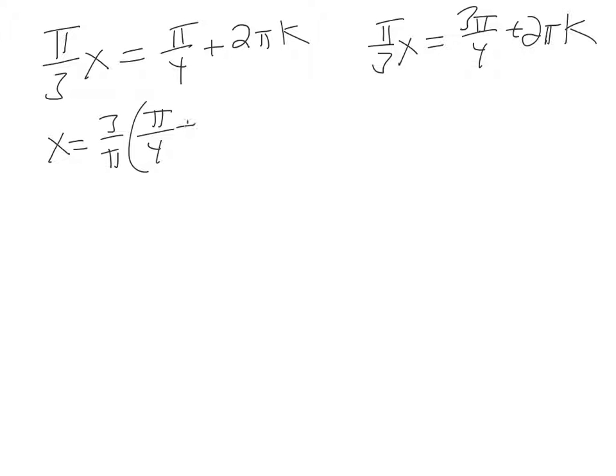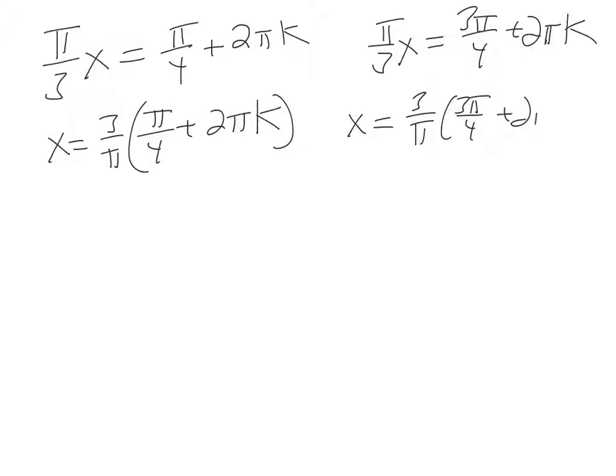And I'm going to have to do a little bit of distributing here. And I'm going to do that same thing with this other solution. So 3 over pi times 3 pi over 4 plus 2 pi k. If I distribute this through, the pi's cancel out, so I'm left with 9/4.